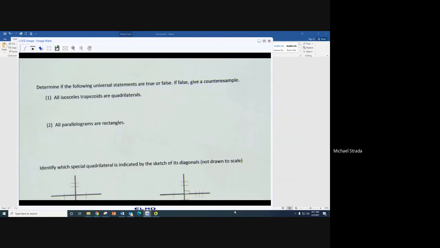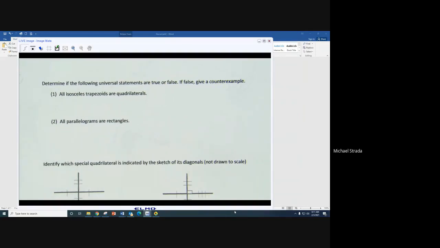If false, give a counterexample. Remember, if it's true, you don't have to do anything, you just write true.